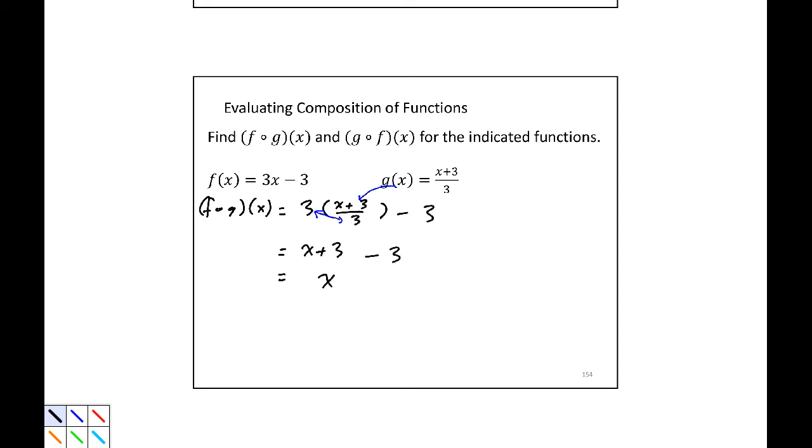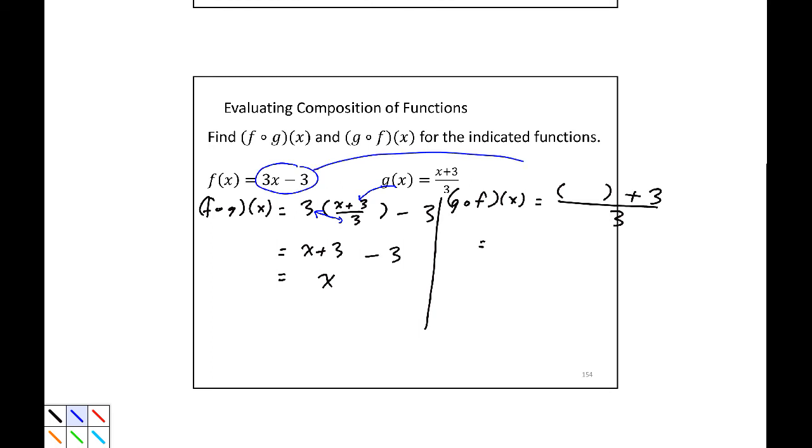But before I tell you what that is, I'm going to find g of f of x. That means I'm going to take my g function, and I'm going to replace into it f. So that would be something plus 3 all divided by 3. So if I take my f of x and put it in here, that would be 3x minus 3. Well, if I combine like terms in that numerator, I just get 3x.